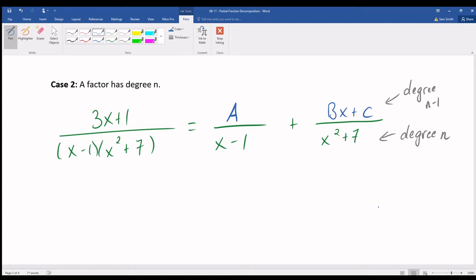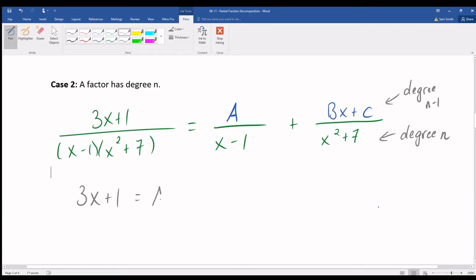Our next move to actually find the values of a, b, and c is to once again clear the fractions. So multiply through by x minus 1 times x squared plus 7, which equals a times x minus 1 plus bx plus c over x squared plus 7. Multiply all of that by the least common denominator. And as a result, the entire denominator will cancel the entire multiplied LCD on the left.